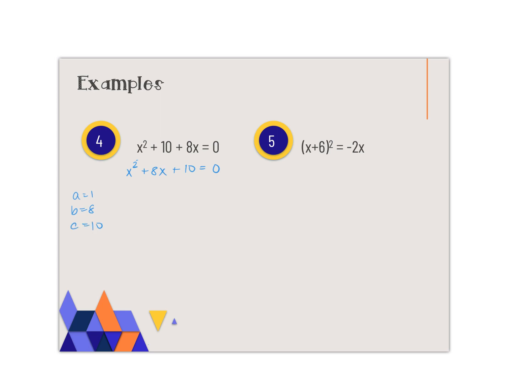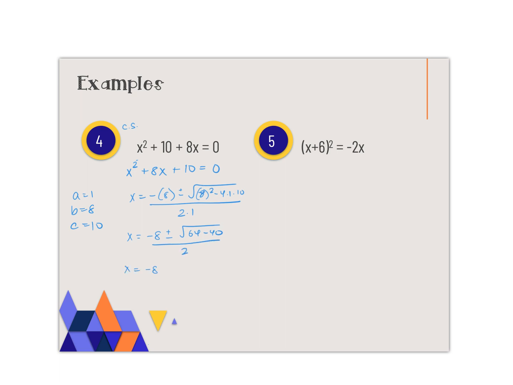For me, I would try to see first if I could factor it. Completing the square would be a really good one here because B is even and A is 1. But today we're doing quadratic formula, so x equals the opposite of B plus or minus the square root of B squared minus 4 times A times C, all over 2 times A. So we get -8 plus or minus the square root of 64 minus 40, all over 2.